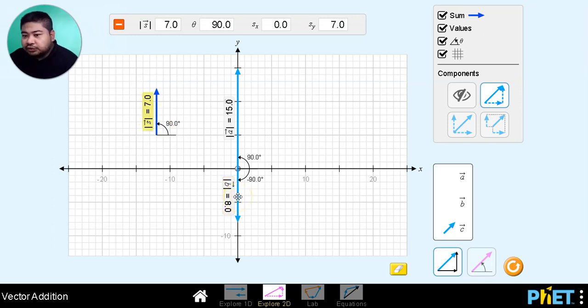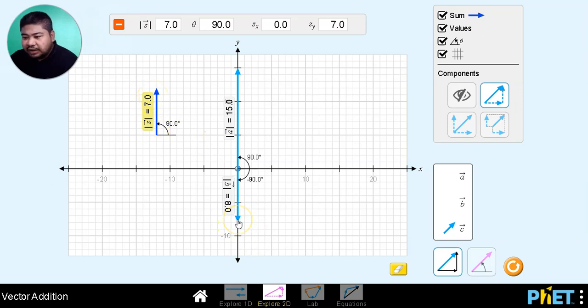Now I want you to watch very closely what happens if I move one of the vectors to the x-axis. I want you to look at the resultant vector. The resultant vector is just the sum of vector A plus vector B. Currently the vector S is at 90 degrees to the horizontal and pointing in the positive y-axis.